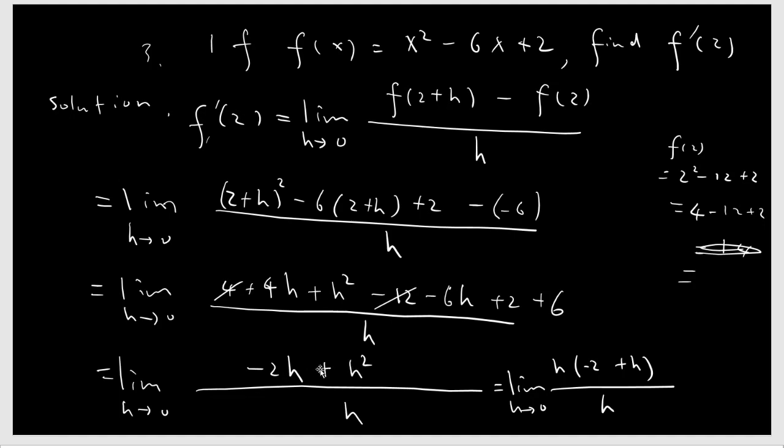You take out the common factor of h. In the brackets, you have negative 2 plus h. Now you can cancel out h. Final answer, you should have negative 2.